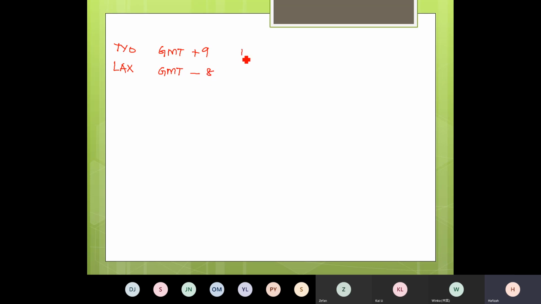So they depart from here around 4 p.m., which is 16:00. And then from here to here it takes a 9 hours 30 minutes flight.